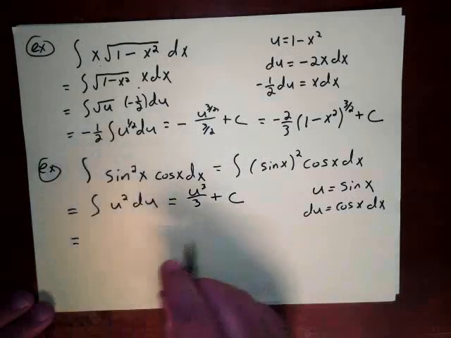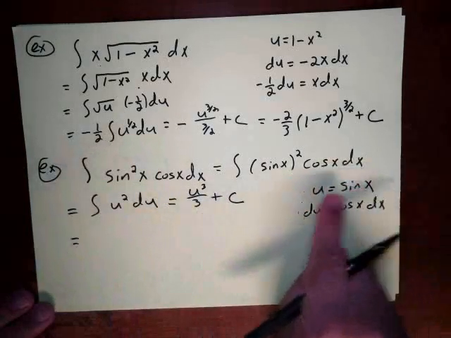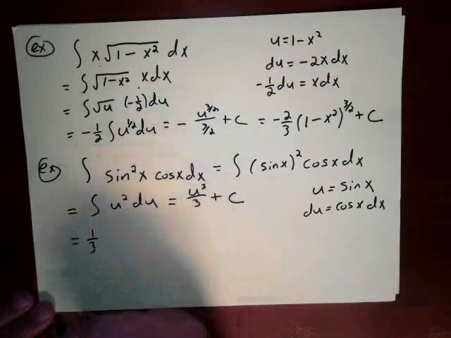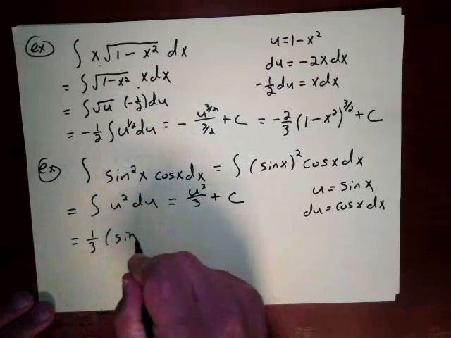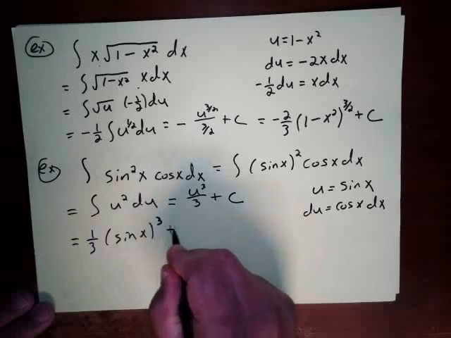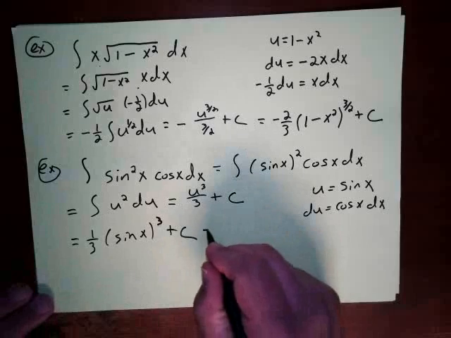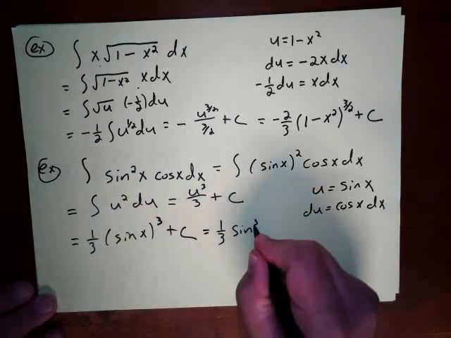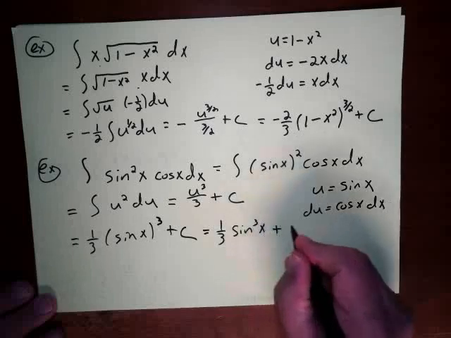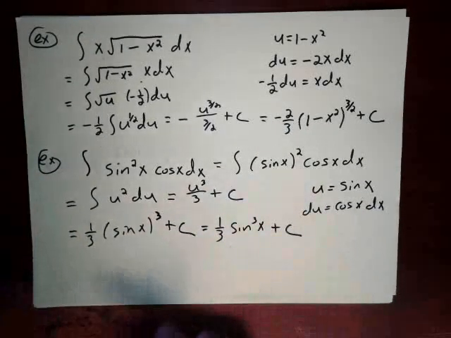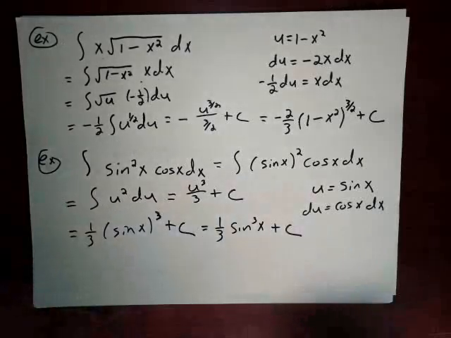And now I can put in the sine of x in for u. And so I might move the 1/3 off, and this would be sine of x cubed plus c. And then this is normally written sine cubed x plus c. And so that would be the antiderivative.